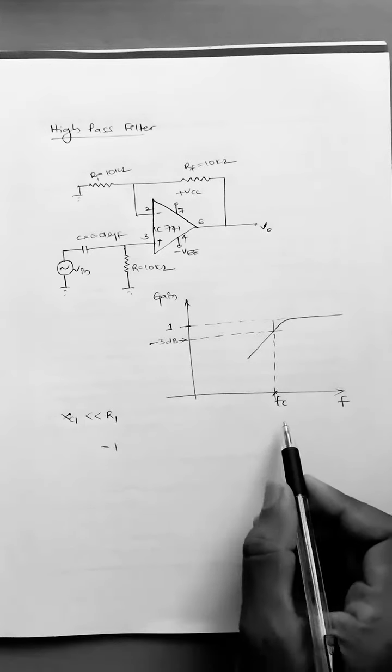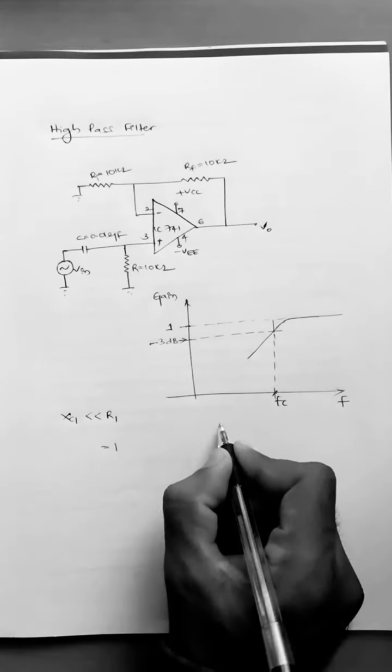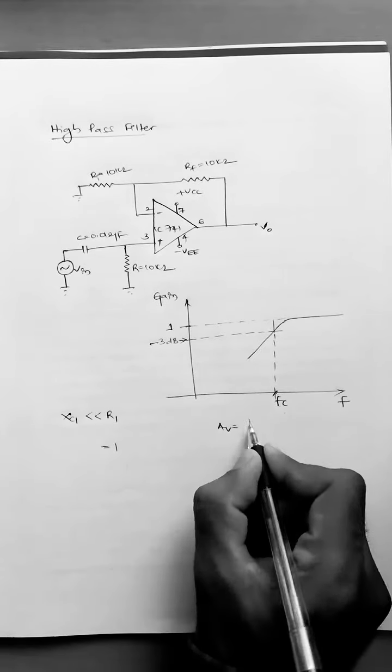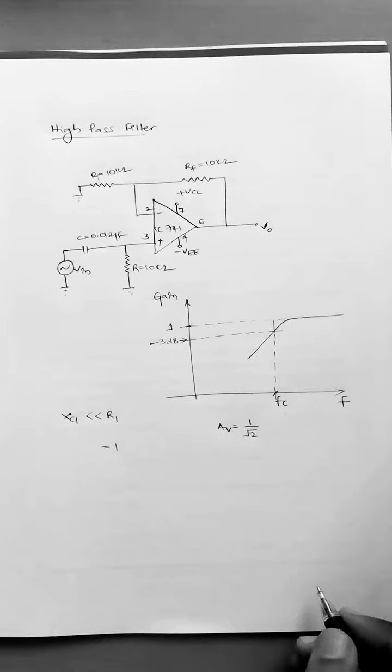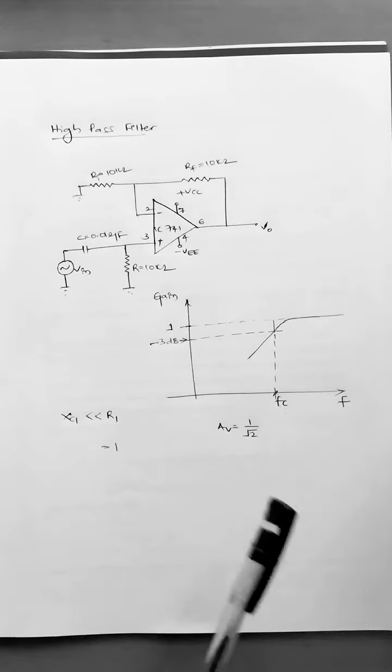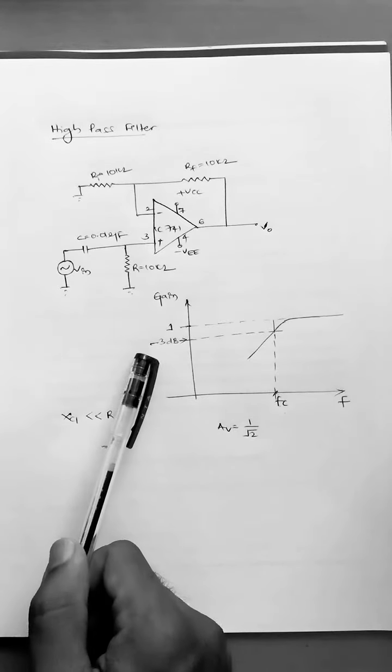At FC, we must note that the gain value will be 1 divided by root 2, that is 0.707 times of the maximum value. In other words, it is minus 3 dB less.